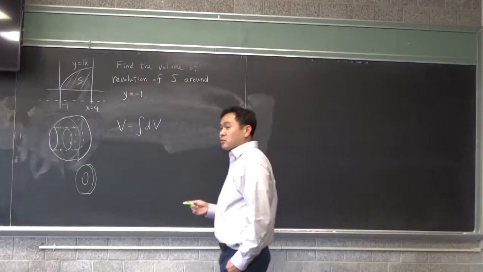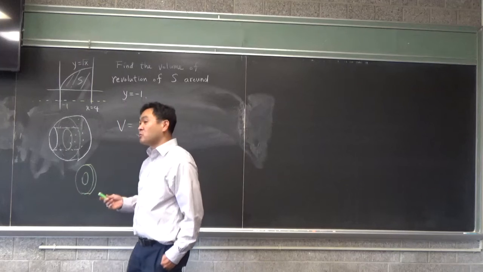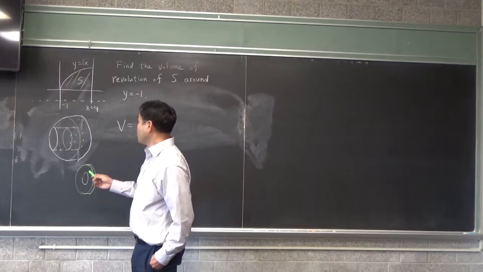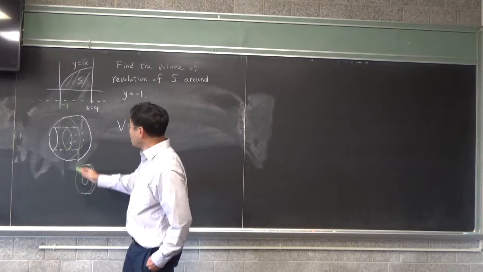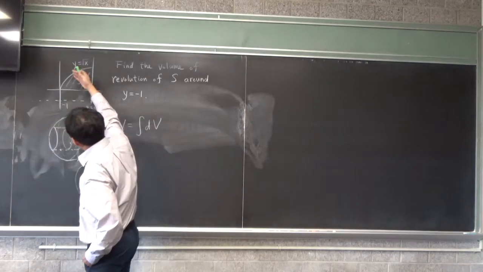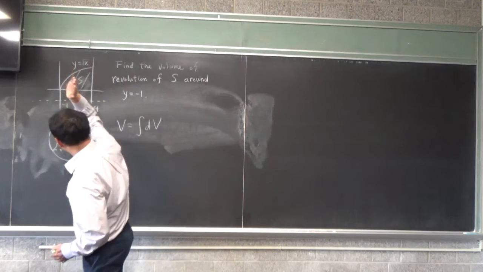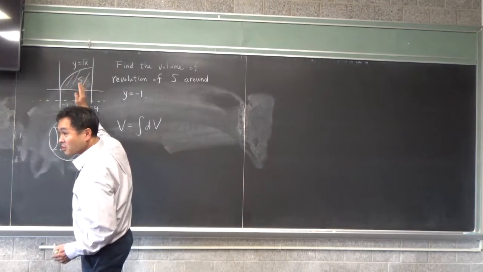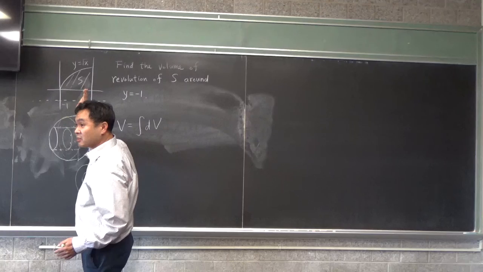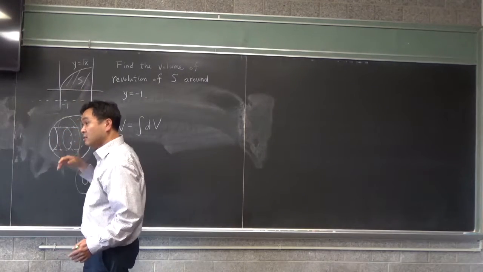And this is actually quite important. You have to know which direction you're thickening it. So in this picture, when you rotate this, this cross section is actually perpendicular to this board, right? And when you thicken it, which direction are we thickening?